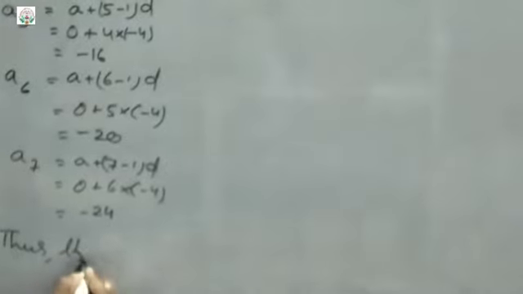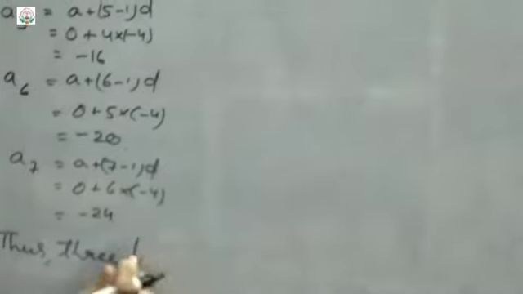Thus, the three more terms are minus 16, minus 20, minus 24. Answer. Okay, and then after that you can see 8th one is homework. Now 9th one we will see. Okay, 9th question is what?